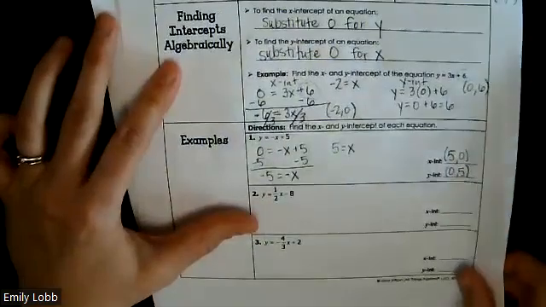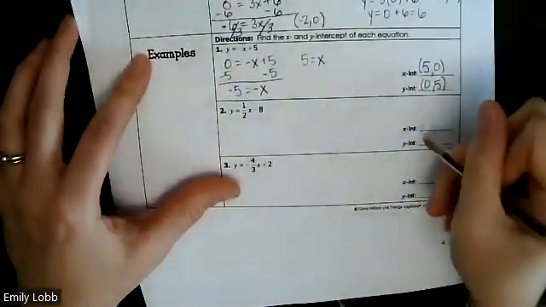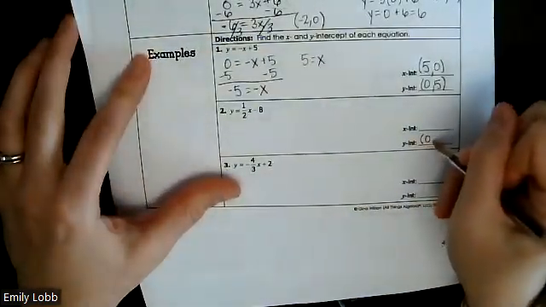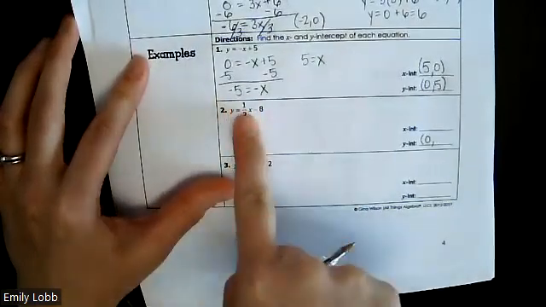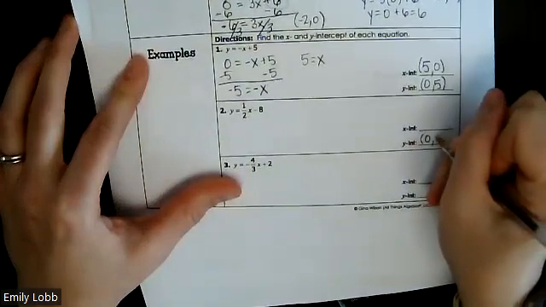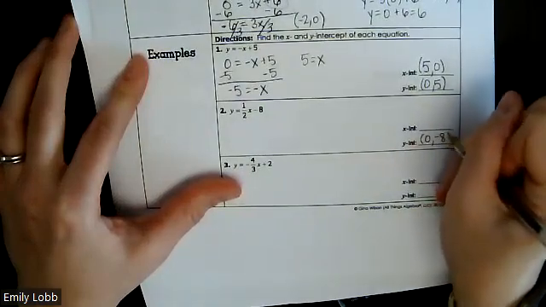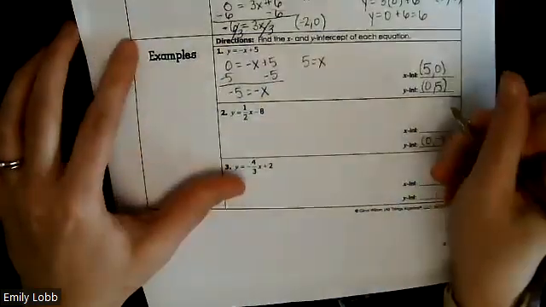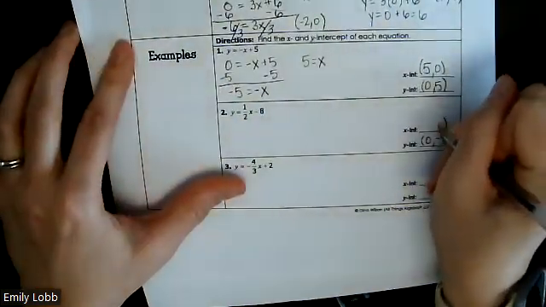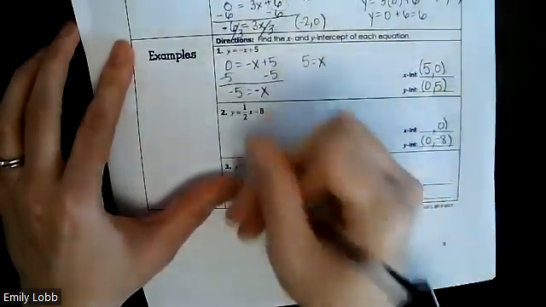So if it's easier to start with our y-intercept since it's in this form, when x is 0, 0 times this makes this go away, y is equal to -8. To find our x-intercept, though, we need to figure out what x is equal to when y is 0.